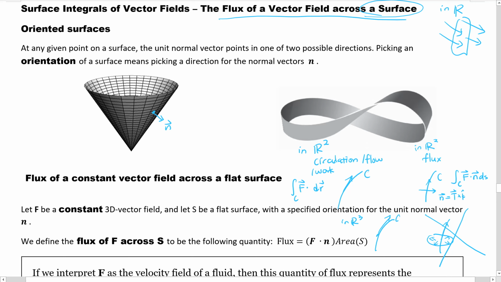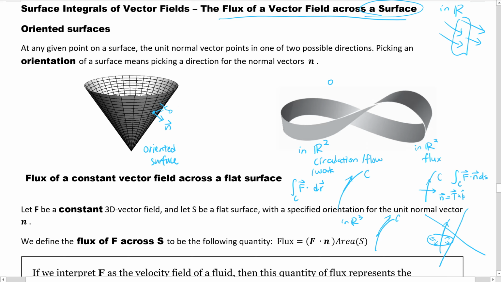So this cone is actually an oriented surface, because imagine you are standing right here and you go around the cone, and when you come back, you are still on this side of the surface.